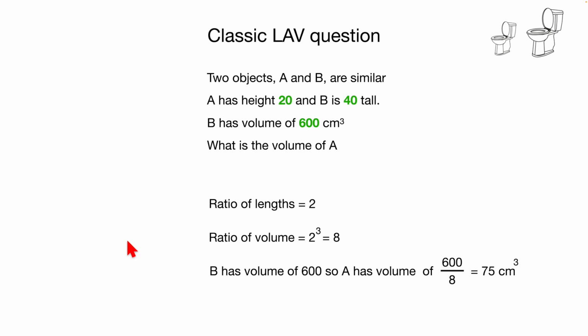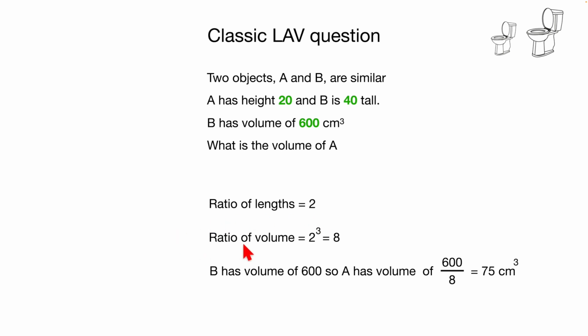Classic LAV question. 2 objects, A and B, are similar. I haven't drawn them. Well, you can imagine that these are over here. A has a height of 20 and B is 40 tall. B has a volume of 600 cm cubed. What is the volume of A? Well, the ratio of lengths is 2.